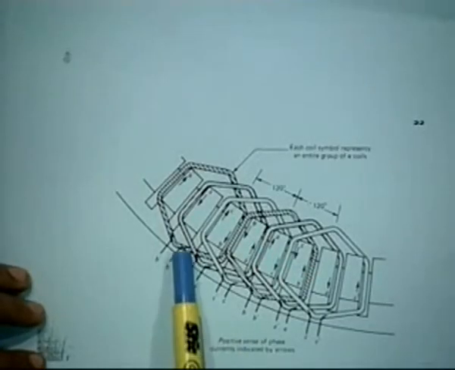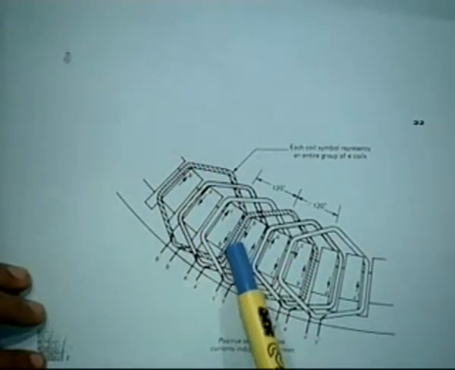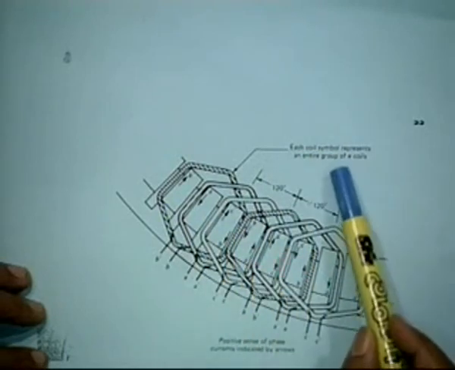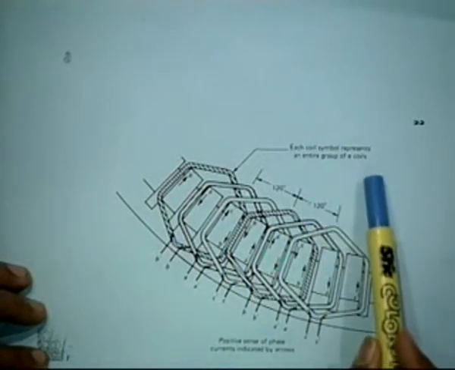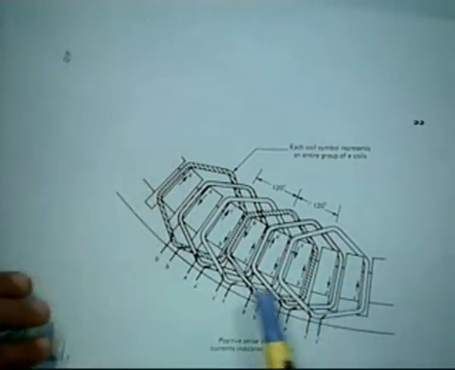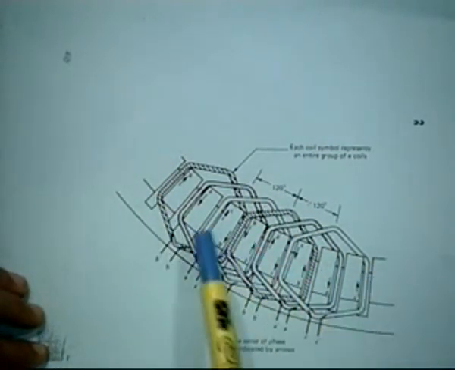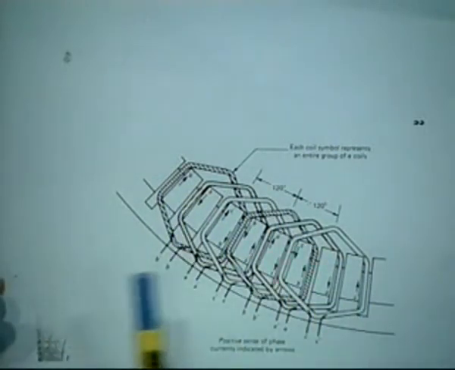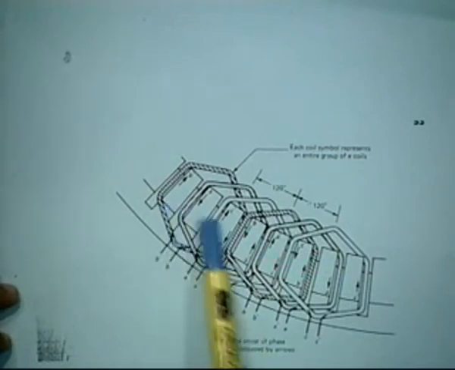This is how it is shown, top one going to the bottom. Then this top one is a different phase. Each coil, entire group of n coils, they go on like this, ABC phases in different slots, housed like this.